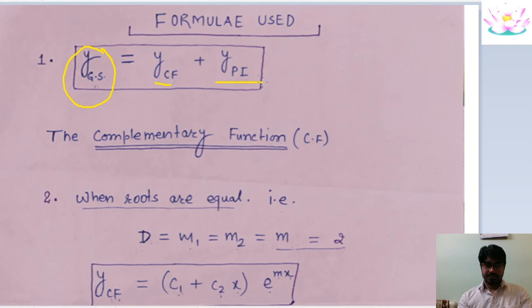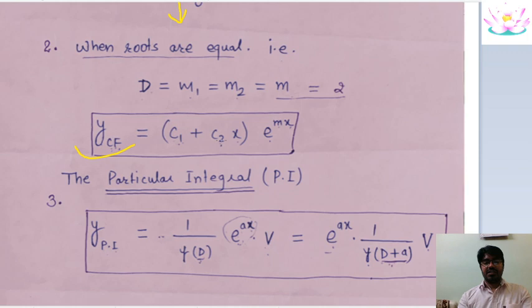When roots are equal, the solution will be like this: (c1 plus c2 x) times exponential power mx. Whereas the particular integral can be solved like this. I am taking three different formulas here which will be used to solve the given problem.